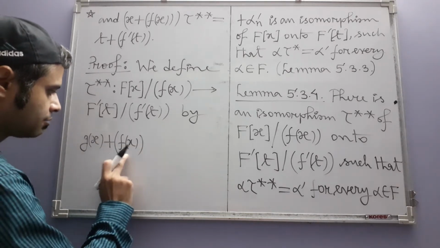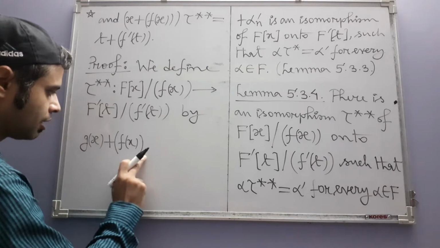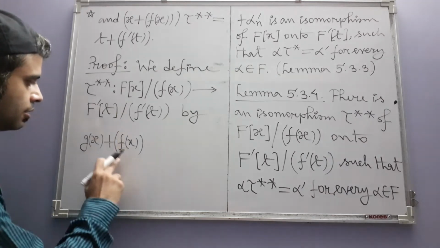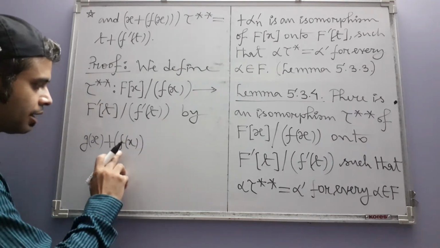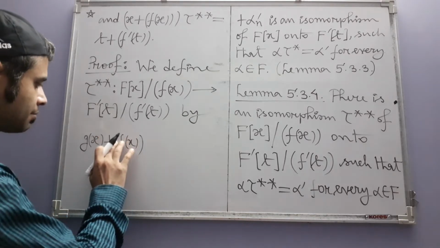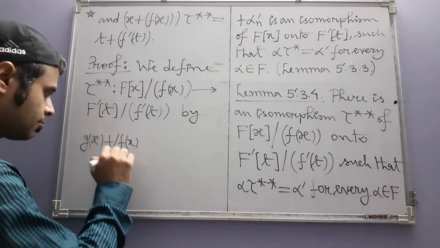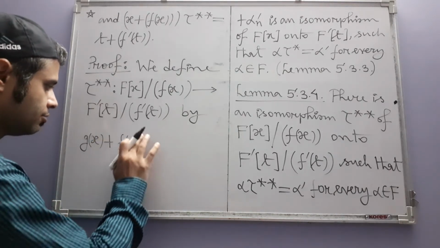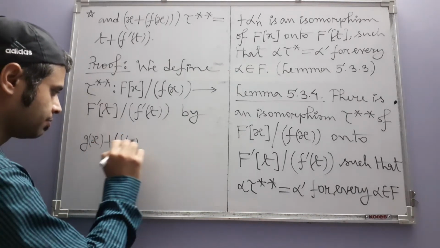If you forget to write this outer parenthesis, then it's wrong, because this denotes the principal ideal generated by f(x). In order to avoid confusion, some people use angular brackets. We, however, are not going to do that. We are going to follow Herstein.